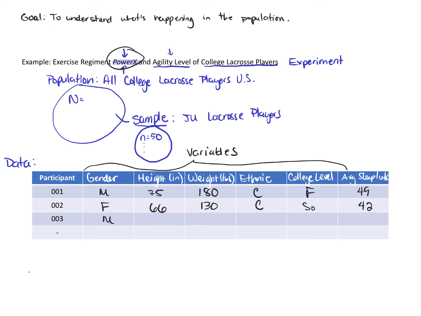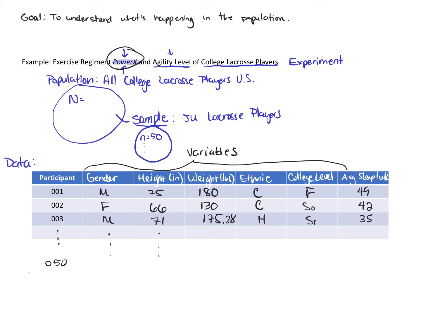Let's say this person is male, 71 inches, 175 pounds, or let's say this person is 175.28. Hispanic, senior, and doesn't get that much sleep per week, so 35 hours. And of course, we could keep going to participant number 050, okay?